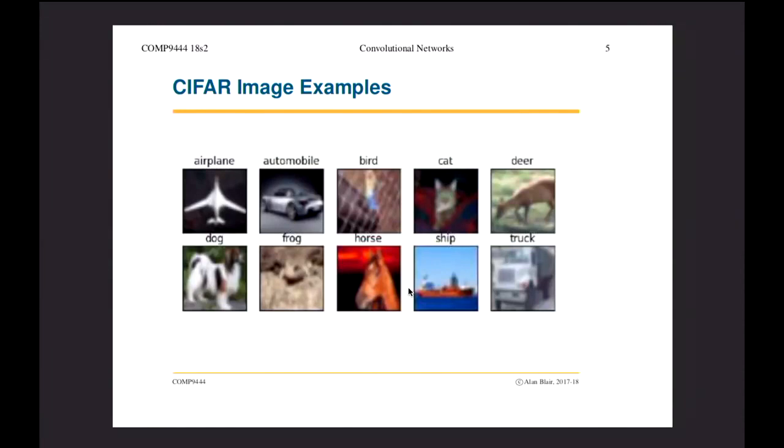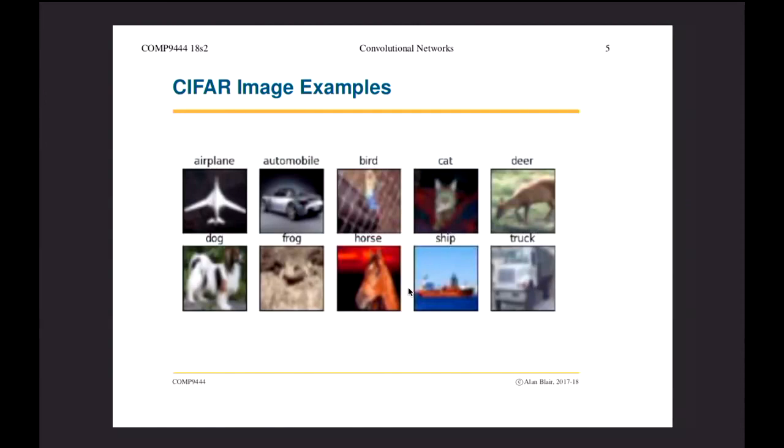ImageNet. And there was a competition that used to be run every year. I think it was run every year up until 2016 to see who could get the best accuracy on that data set. And in 2012, there was a network called AlexNet, which did particularly well in that competition.